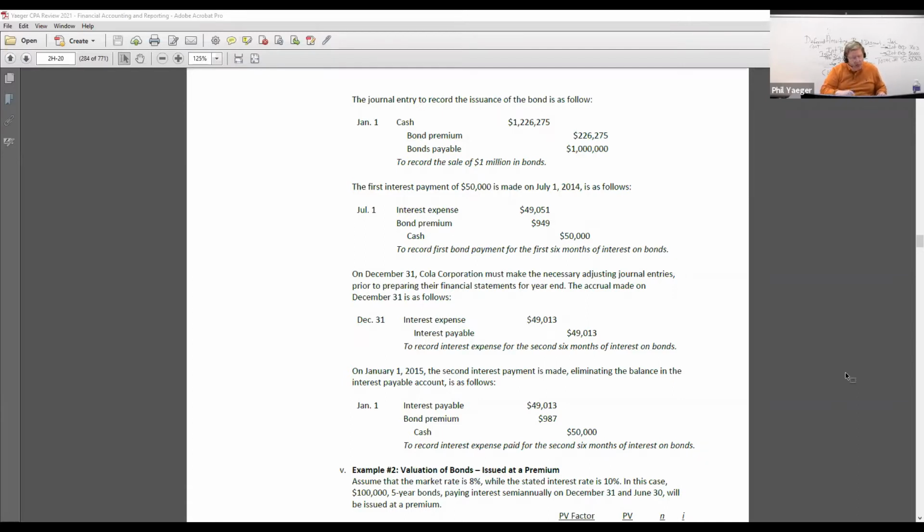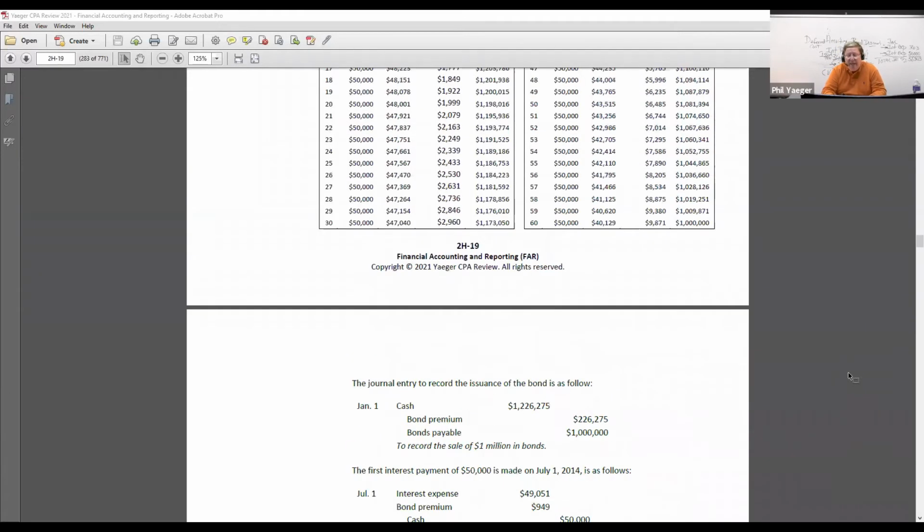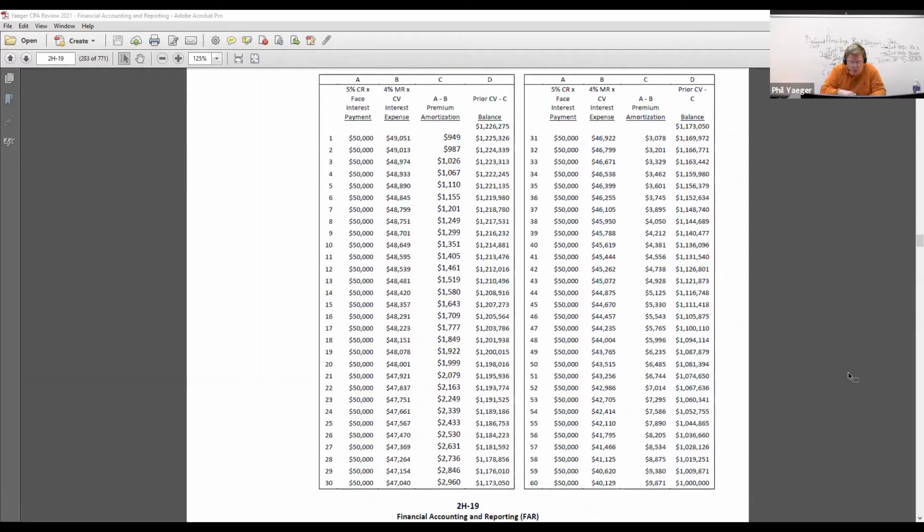Now, this entry is not quite correct. I'm going to have to change these entries and I'll give you the changes by next time. Now, at December 31st, we have to accrue how many months of interest? 6 months, right? So if we go to the amortization schedule, what is the interest we would accrue on December 31st of that year?